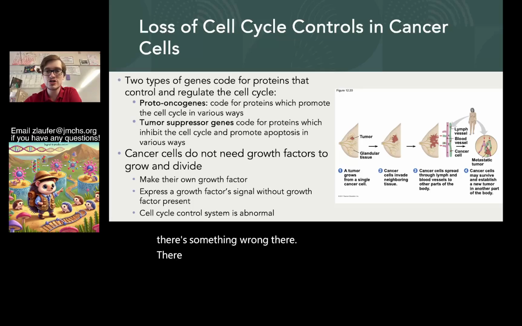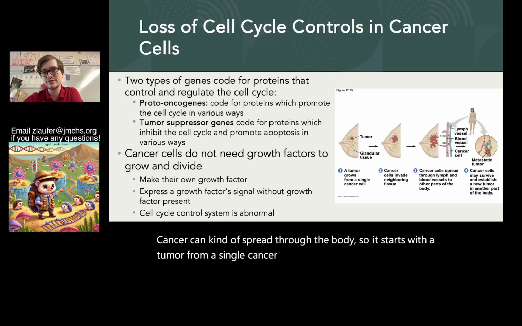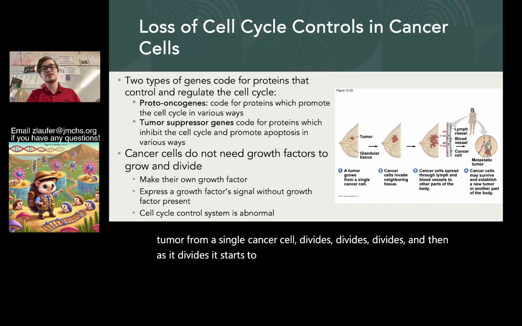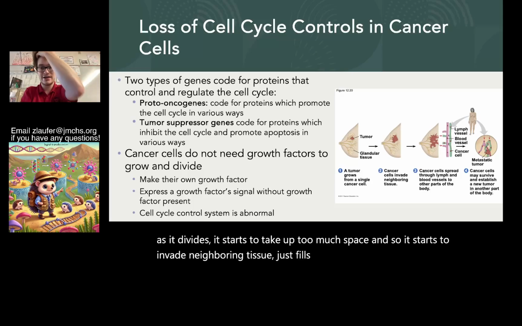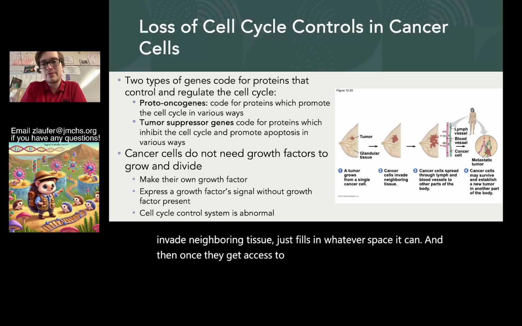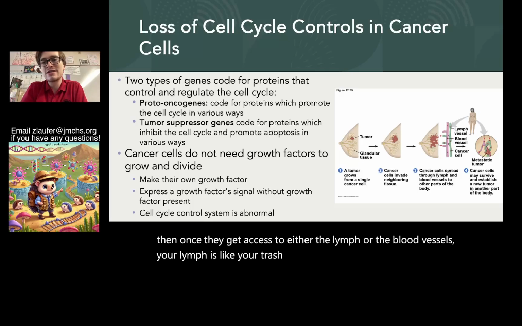The diagram really just shows how cancer can spread through the body. So it starts with a tumor from a single cancer cell, divides, and then as it divides, it starts to take up too much space, and so it starts to invade neighboring tissue, just fills in whatever space it can. And then once they get access to either the lymph or the blood vessels, your lymph is like the trash of your body in a lot of ways.